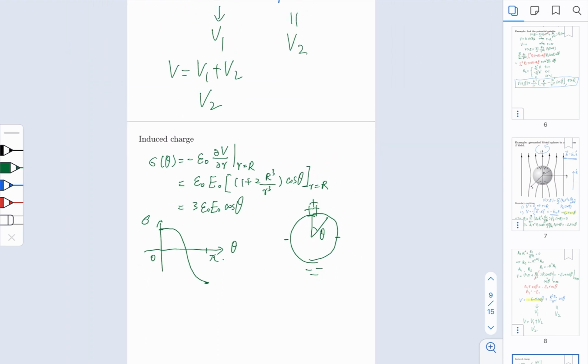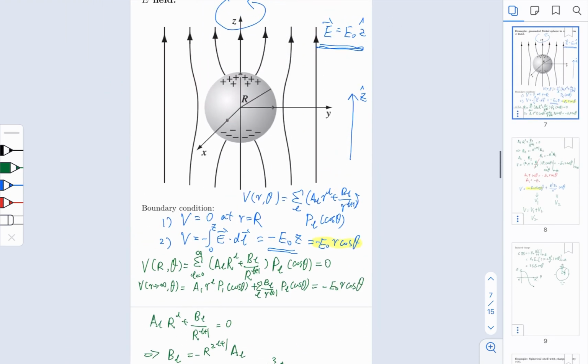So now this complicated charge distribution actually has been determined by us.